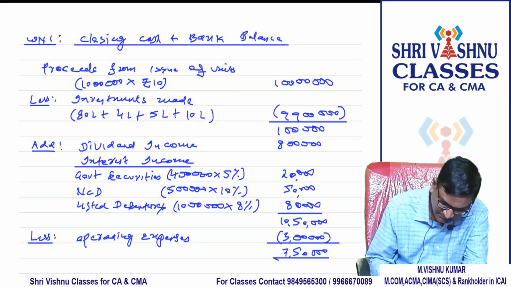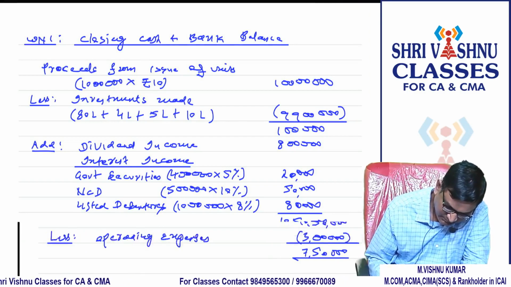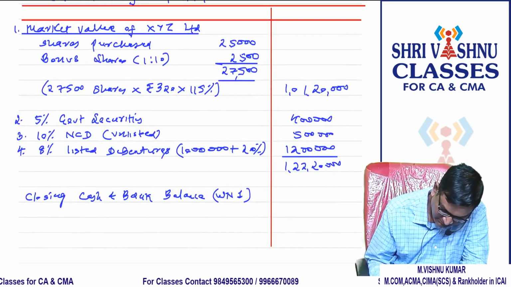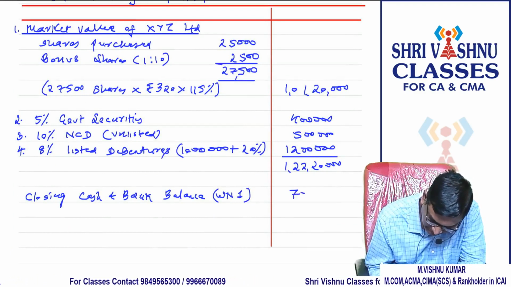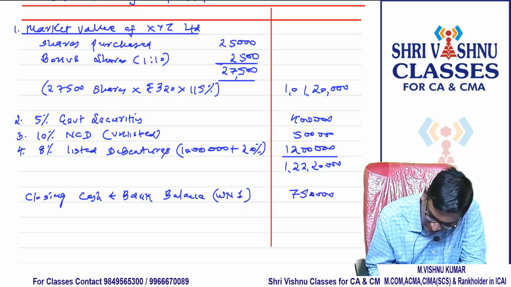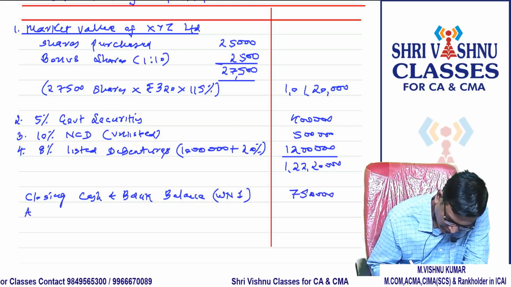So here we have to mention 7 lakh 50,000, accrued income.